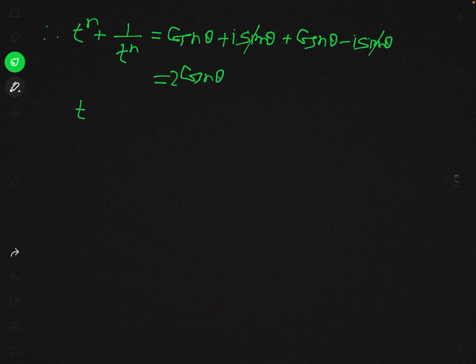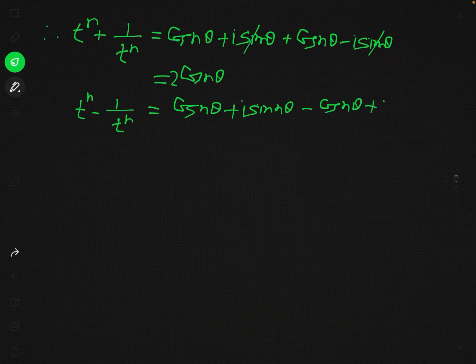And similarly, when we calculate t raised to the power n minus 1 over t raised to the power n, then this will be cos n theta plus i sine n theta minus cos n theta plus i sine n theta. You can see here cos n theta will cancel out and our result is 2i sine n theta.